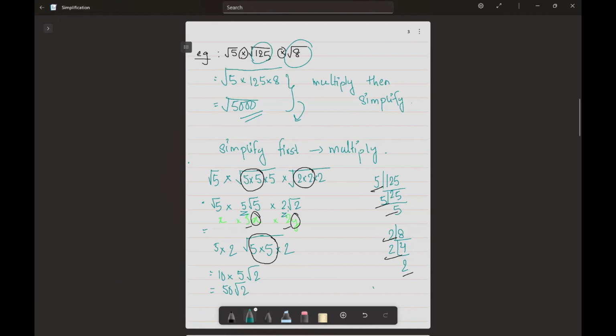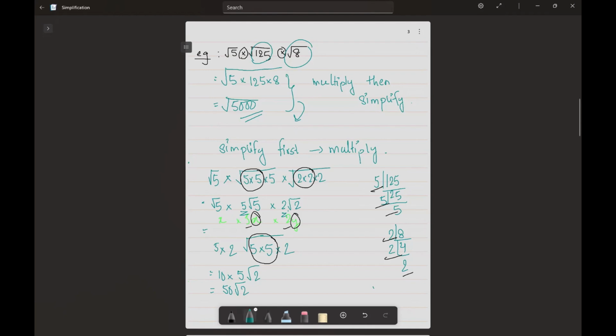It is difficult for us to factorize a very big number because sometimes here there were zeros, an easy task for us, but not always will we get zeros in here. So in that case, trying to find factors that you can divide with is not very easy, especially when the prime number is not an easy one like 5 or 2, and we get numbers like 23 or 17. Then in those cases, it becomes a difficult task for us. So we try to avoid this method and we use the second one.